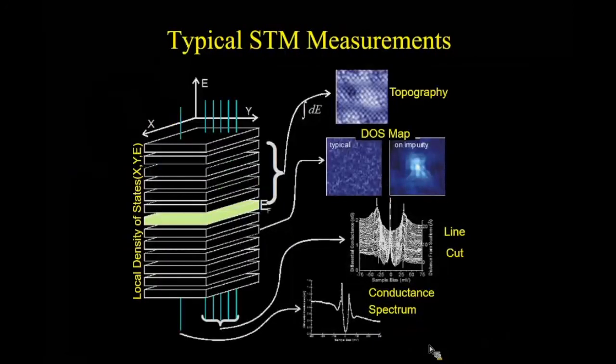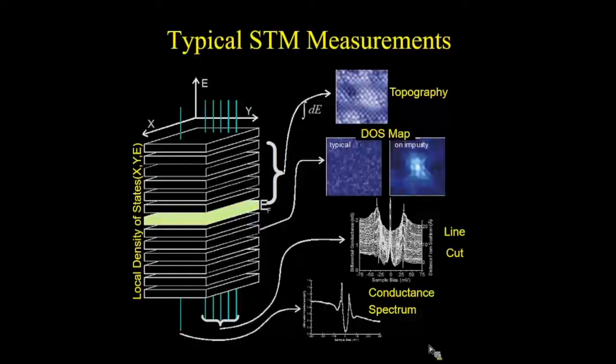Okay, so with this ability to do scanning and to do energy variation, we have access to sort of the whole volume of the local density of states information. So if you imagine this is local density of states as a function of x, y, and energy, we can do topography, which is basically measuring an integral of the density of states as a function of x and y.